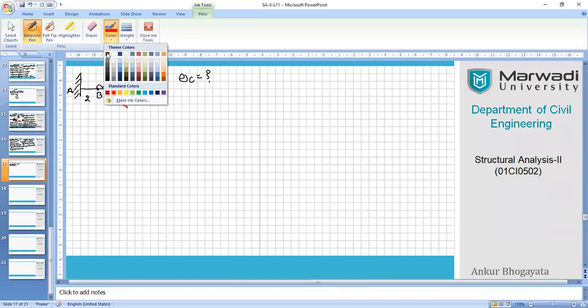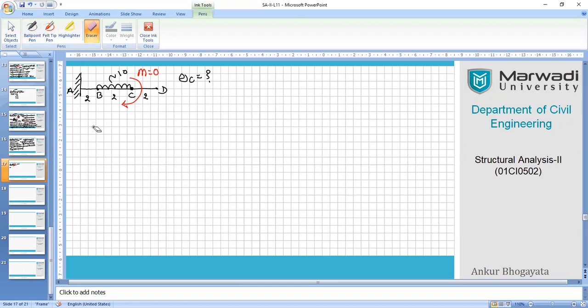So let's see how to write the equation. Theta C equals to, sorry, it's not just like that. We have to first of all develop the equation. D to C, what is the origin? Origin is D. Never ignore these things, because it will give you tremendous clarity.